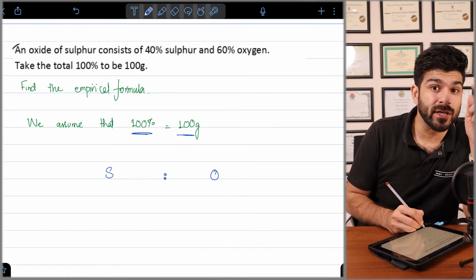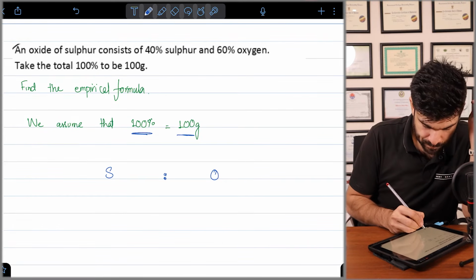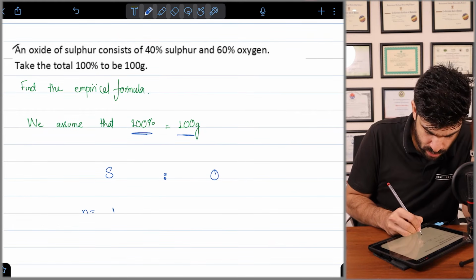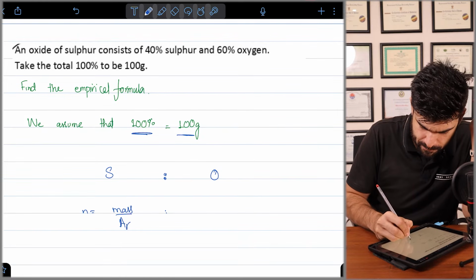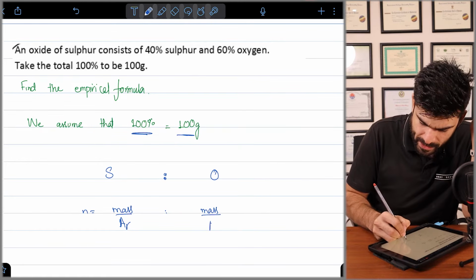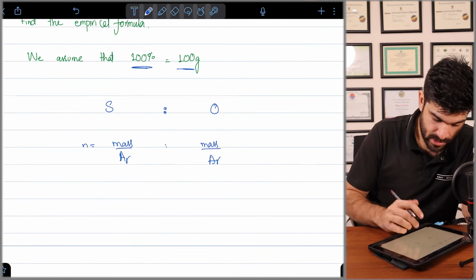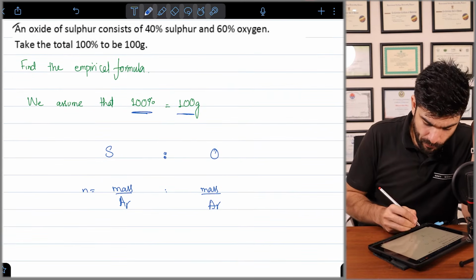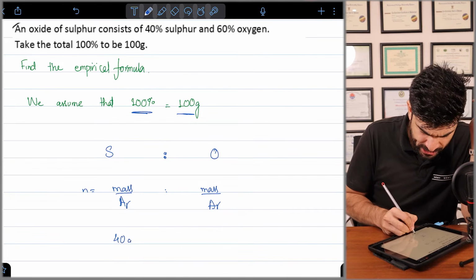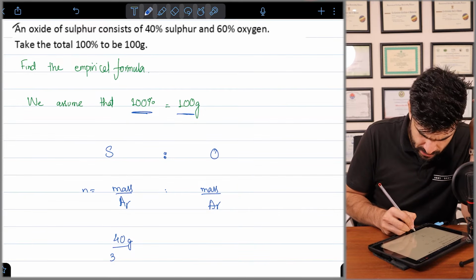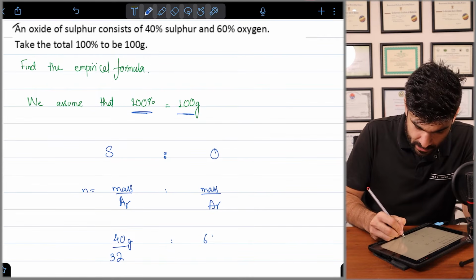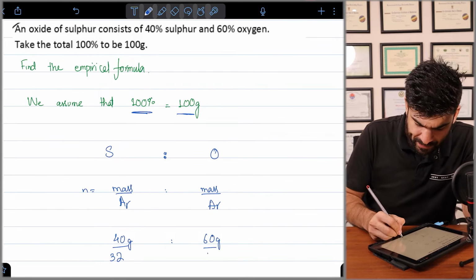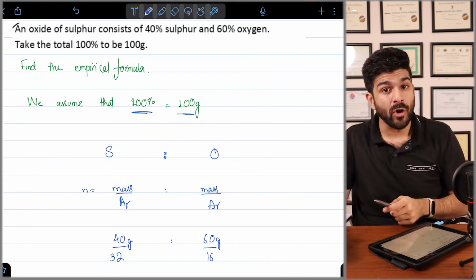So step one, I'll calculate the moles. n equals mass over relative atomic mass. For sulfur, we had 40%, which means 40 grams divided by 32, which is the Ar of sulfur, and 60 grams divided by 16, which is the Ar of oxygen.